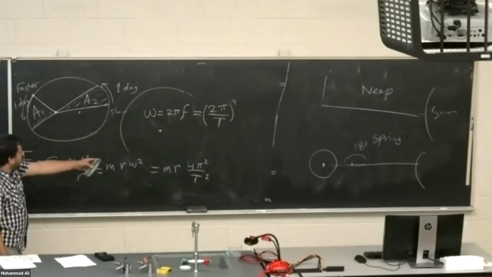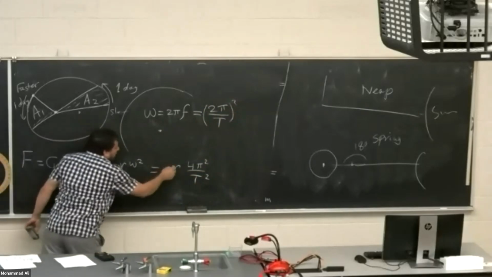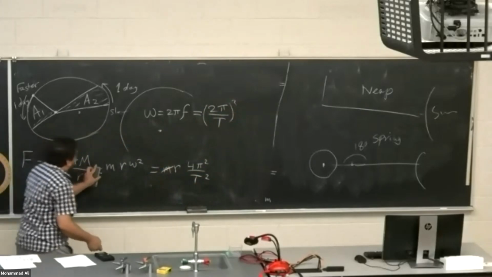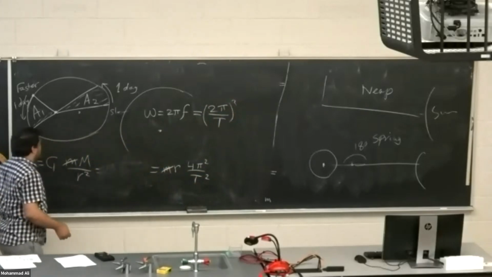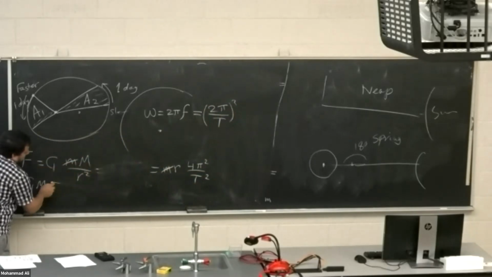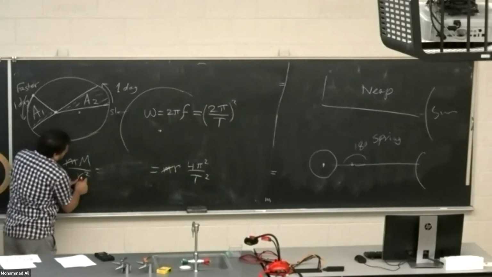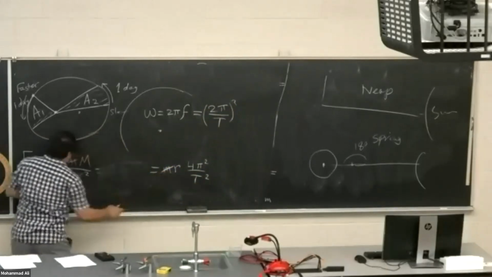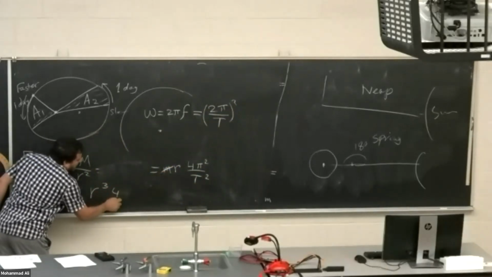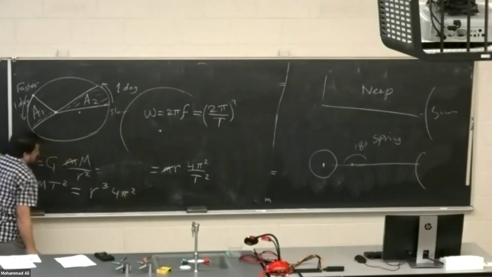Okay, this equal to that. The mass from here will cancel the mass here. Now I need just to order things. So I have GM. I will multiply it by T squared. I will multiply this R squared with here. It will be equal to R cubed by 4 pi squared.